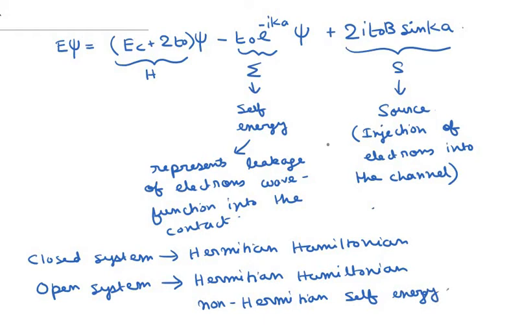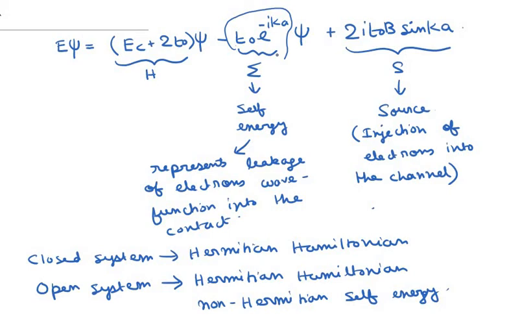And I repeat again that this self energy represents leakage of electron wave function into the contact, and in generic terms it is like incorporating boundary conditions, and here the boundary conditions are the effect of the contact on the channel wave function.